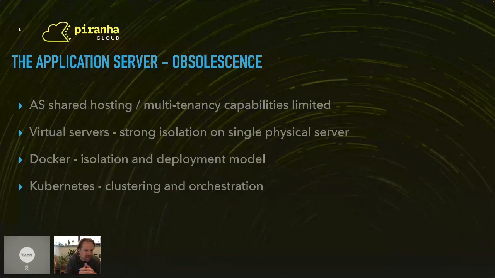And then at the same time, Kubernetes came up, and that replaced a lot of the clustering features of an application server. Taking all those things into account, application servers still have value, but their value can be diminished because of all those things mentioned here.